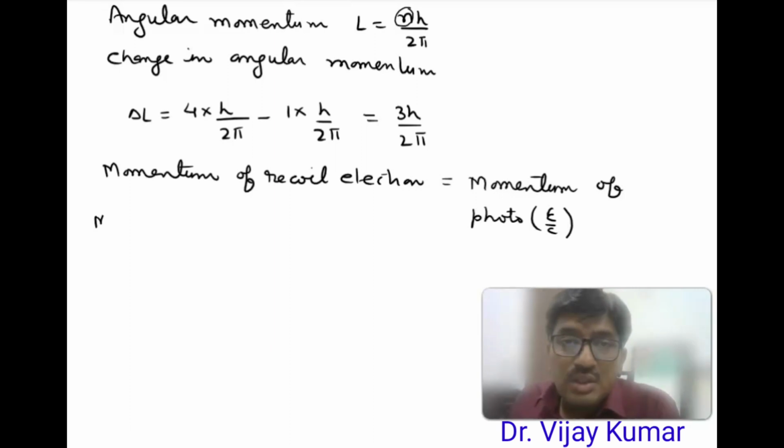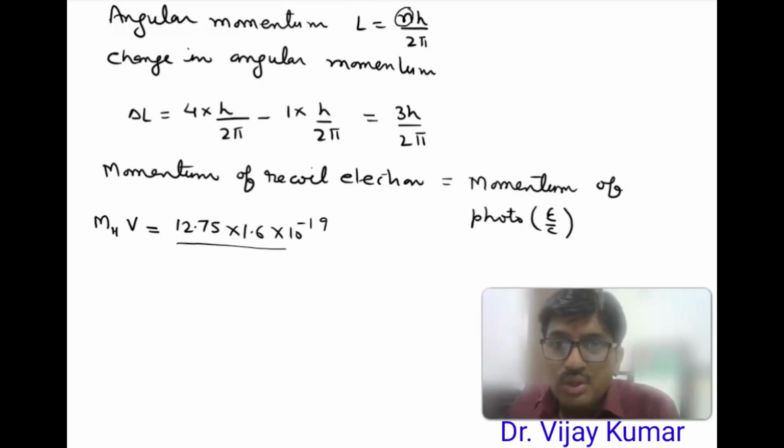So mass of the atom times velocity equals 12.75 electron volt, multiplied by 1.6 into 10 to the power minus 19, this is the energy, divided by C, which is 3 into 10 to the power 8.